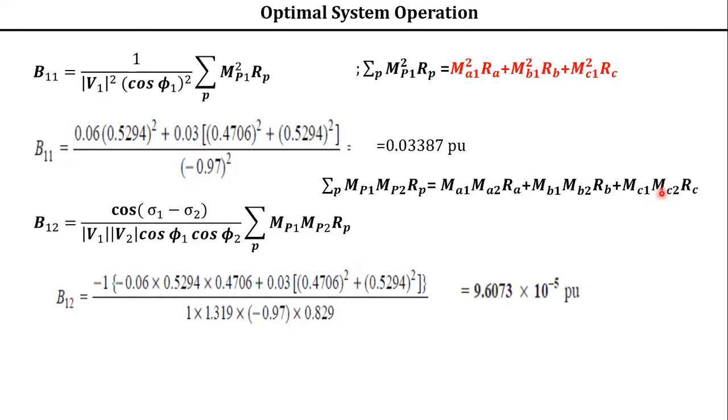If they are load branches, there is no difference between 1 and 2. So it becomes MC1 squared, which is 0.5294 squared. That is the value you get in per unit. In megawatt inverse, divide by 100 MVA, which has been given in the problem, and you will get it in megawatt inverse.